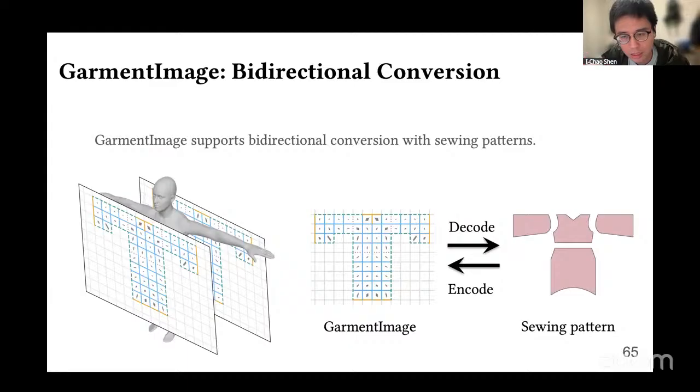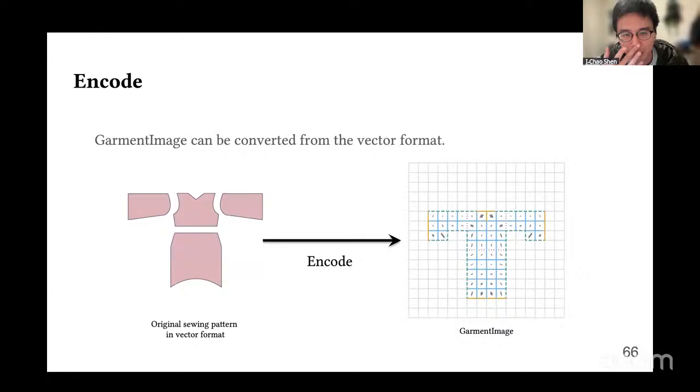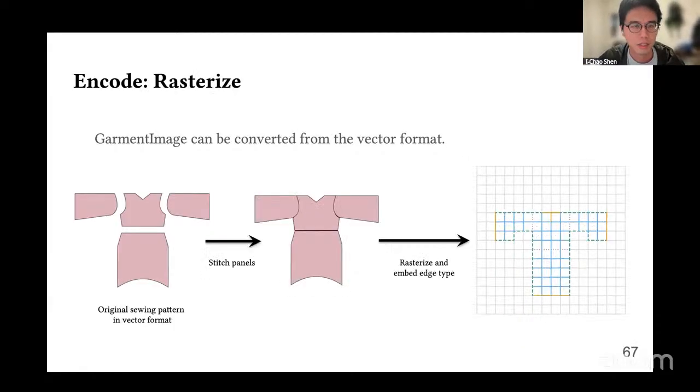As I mentioned, we also provide this automatic encoding and decoding process to get the garment image from existing data and also decode the learning result. So let's first look at how we encode an existing sewing pattern in vector format into the garment image format. Basically, we stitch them together and then rasterize, putting them in a grid.